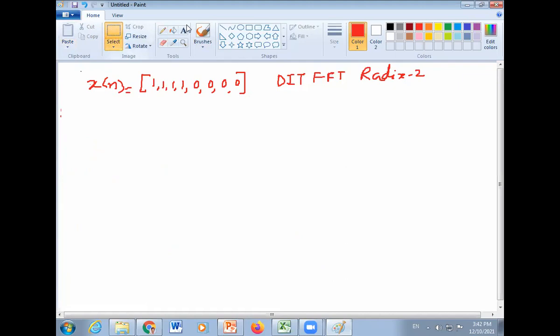So here is your diagram. Let me draw the diagram.